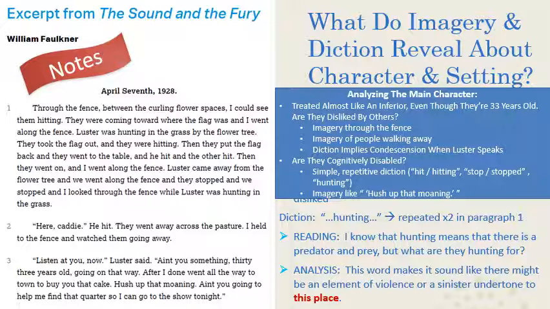Like the way that those words are being chosen to say, I've done this for you, and then "hush up," telling him to be quiet. "Ain't you going to help me find that quarter so I can go to the show tonight?" Almost as though the main character who's being spoken to is being commanded to do something, almost like a servant, that they're condescended to. Imagery of "hush up that moaning," right?